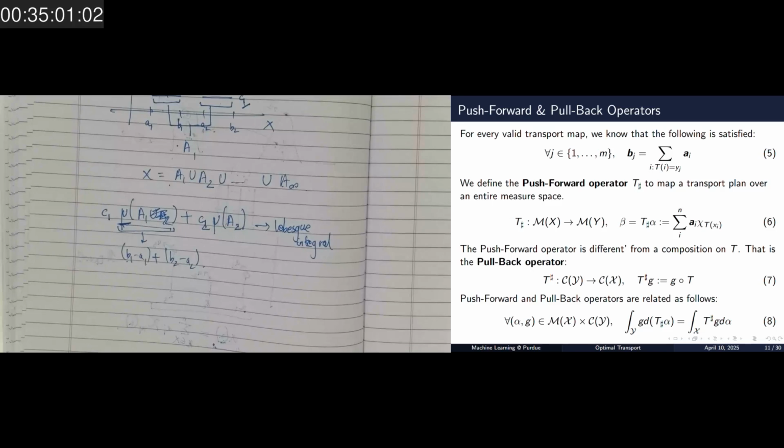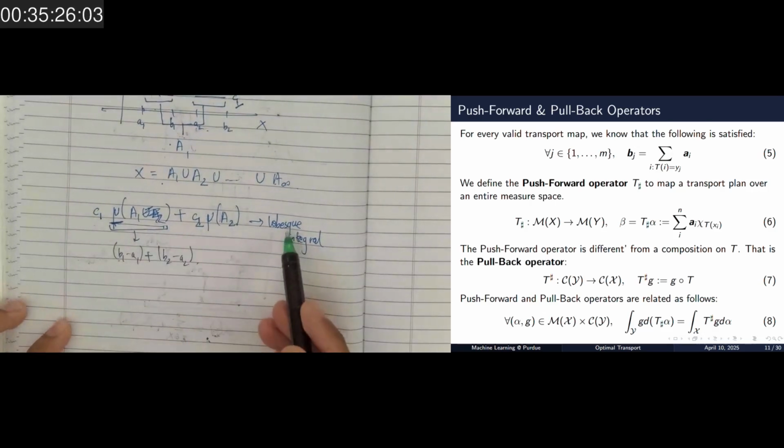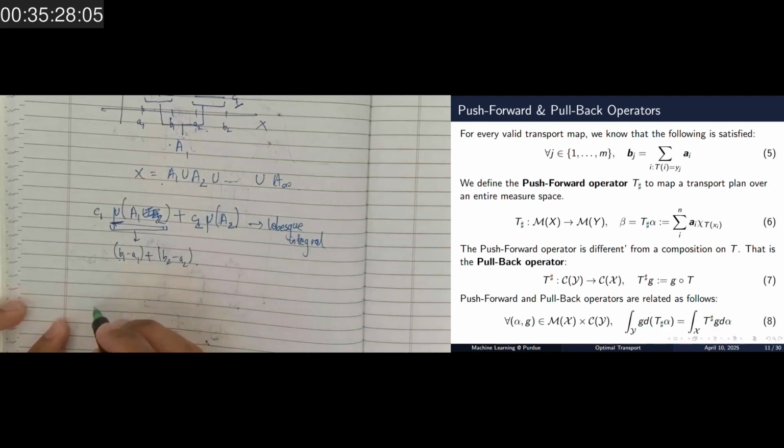Similarly for this bit. We have a function over which we want to compute the integral. This function has to be continuous, and the way push forward and pull back operators are connected is you have your original space alpha that gets pushed forward to beta. G works on this space Y, you integrate over it, and this integration is basically just summing up over each of the measures.